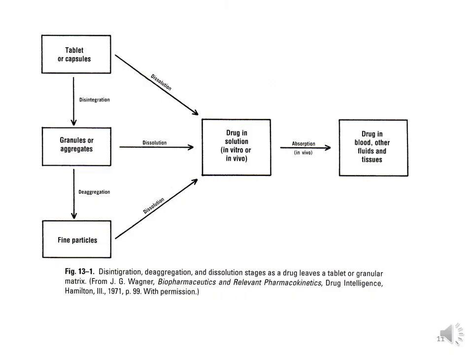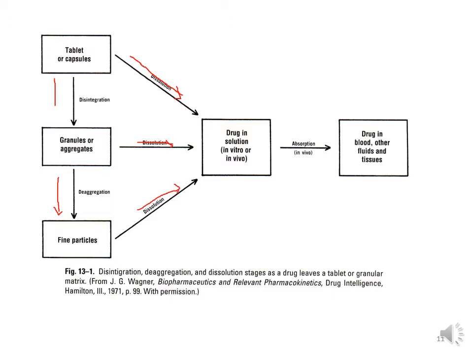This figure shows the disintegration of tablets or capsules into granules or aggregates, and the deaggregation of the granules into fine particles. It also shows that the dissolution occurs from the tablet or capsule, from the granules or aggregates, and also from the fine particles.